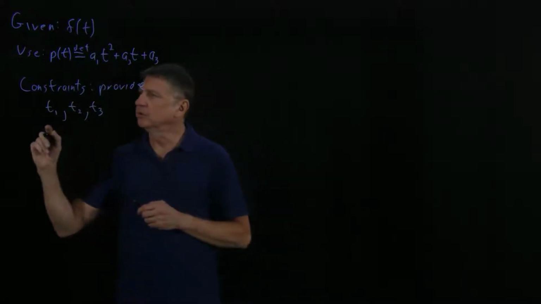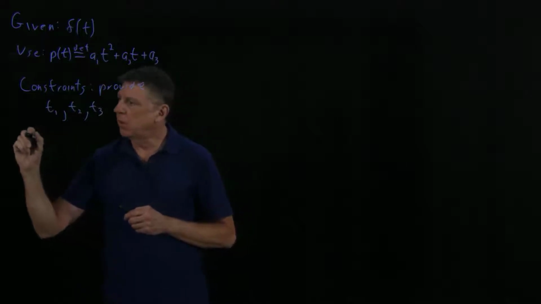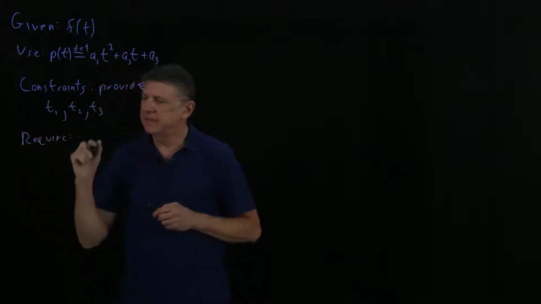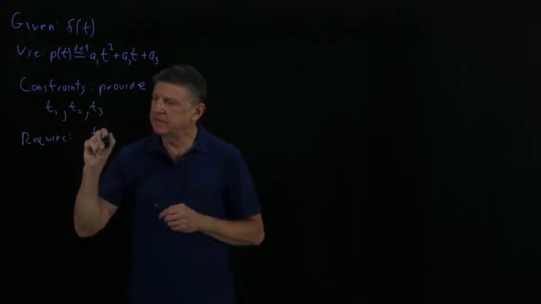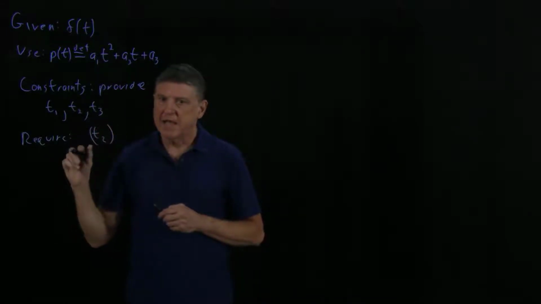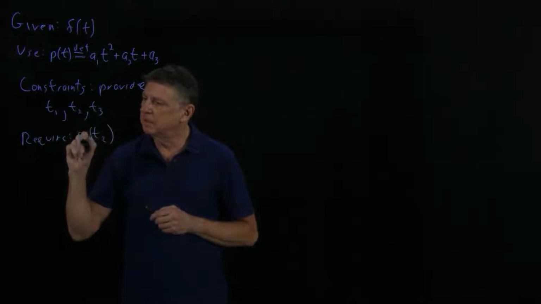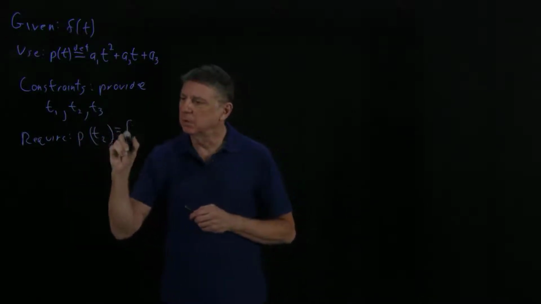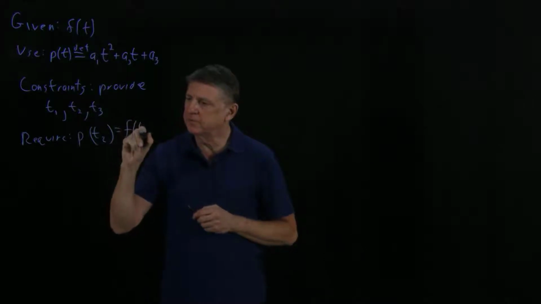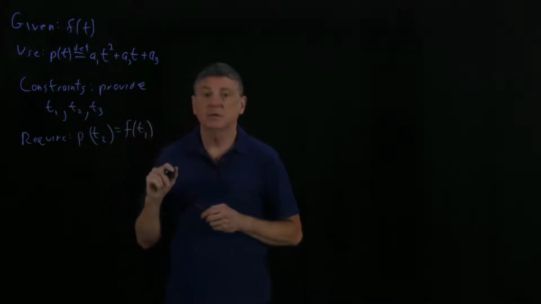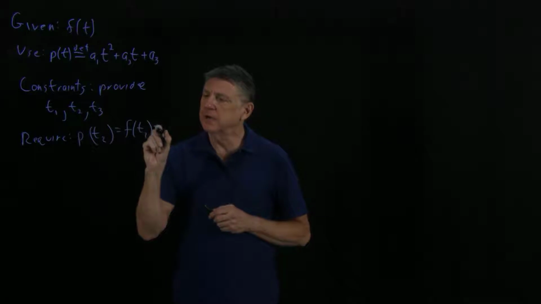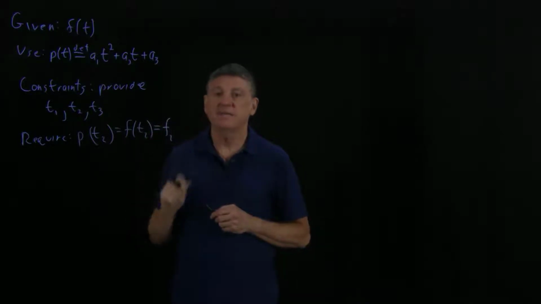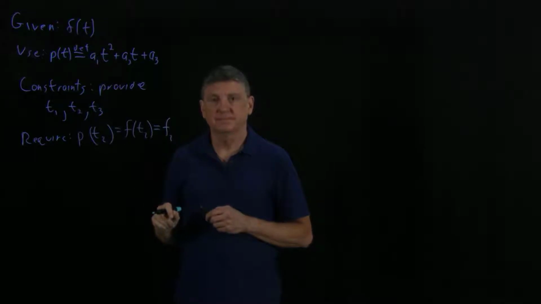And what we will require, as part of that, is that if we take any of those argument values and evaluate the polynomial at that, it has to equal the value of the function for that argument. We'll further abbreviate that as the function evaluated at point i.